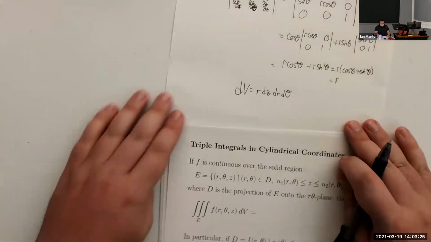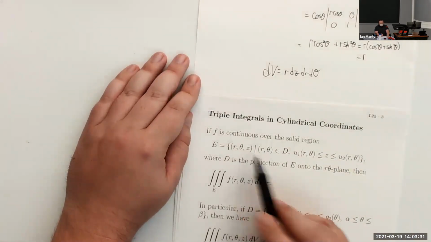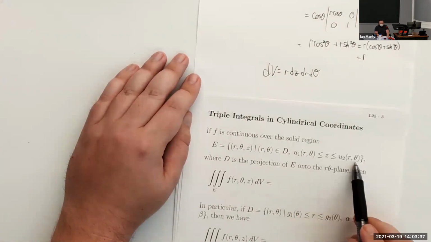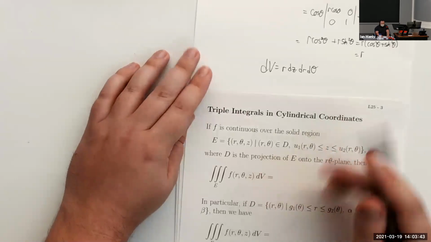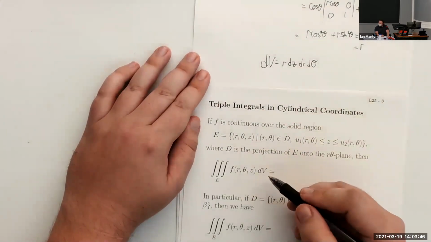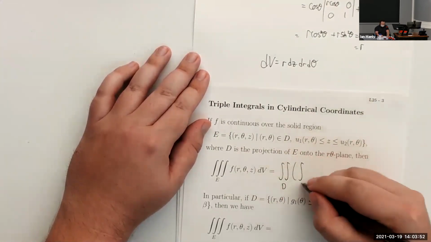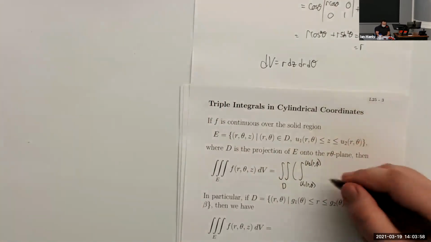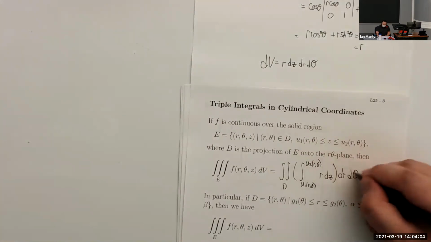All right. So triple integrals with cylindrical coordinates. Now that we know the Jacobian, we can do these. So if f is continuous over this solid region, where we have cylindrical coordinates here, and z is between these two surfaces, u1 of r, theta and u2 of r, theta, and r and theta are in this two-dimensional domain D, then we could write the triple integral as the double integral over D, and then the integral from u1 of r, theta to u2 of r, theta of r dz dr d theta.